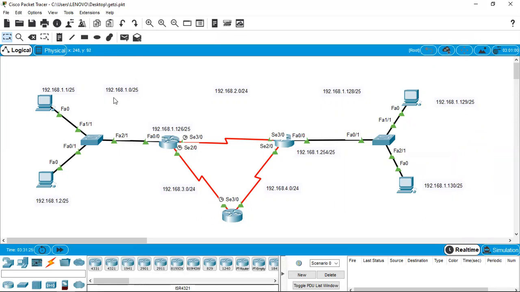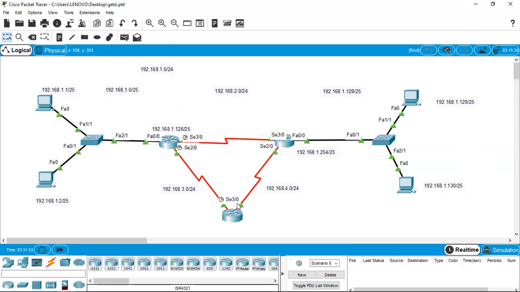You have 192.168.1.0/24 as the network address, for instance. This is subnetted into two, 1.0 and 1.128. Now these two are connected by some other network. So this is an example where RIP version 1 will not work.